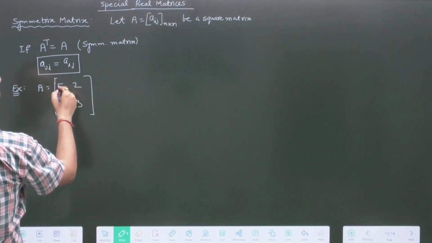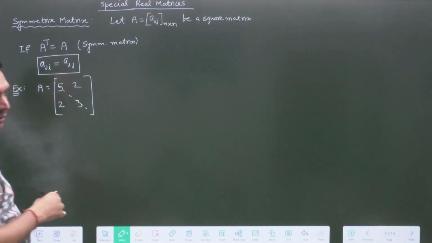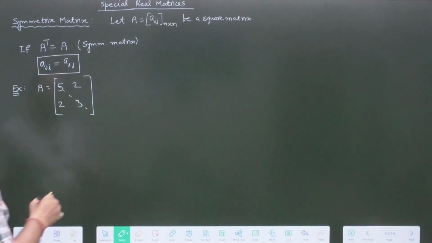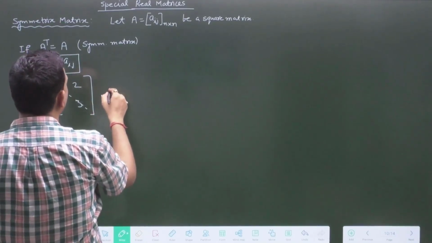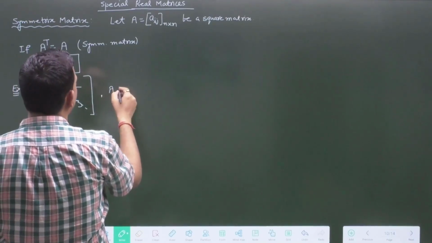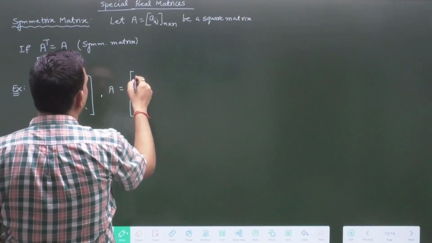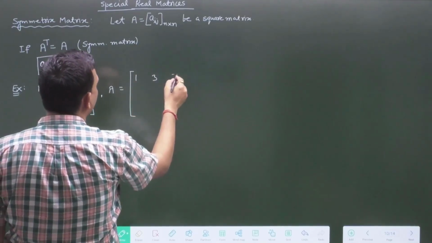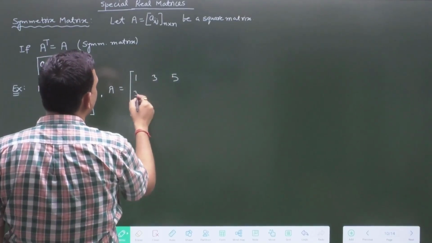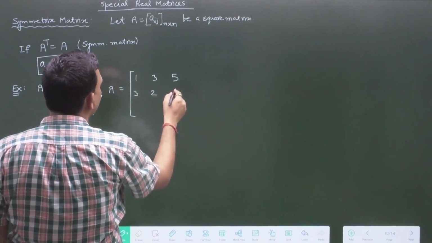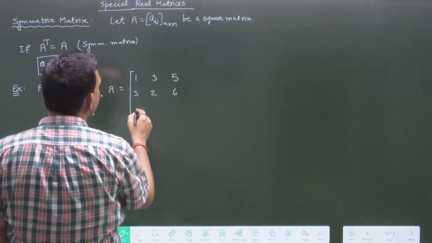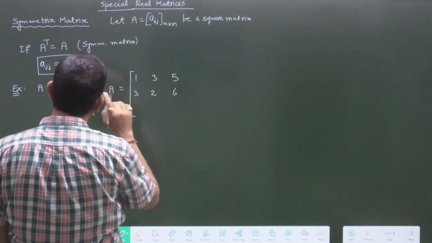That is symmetrically placed about the main diagonal. Another matrix is 1, 3, 5, 3, 2, 6, and what will this be?